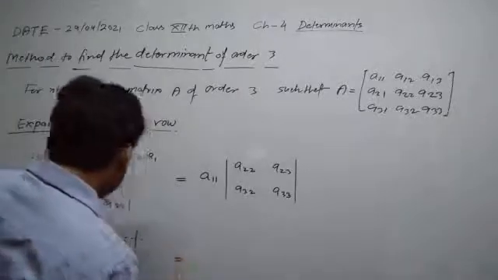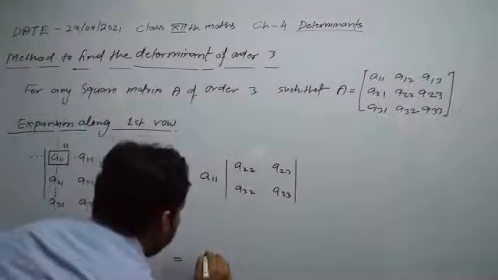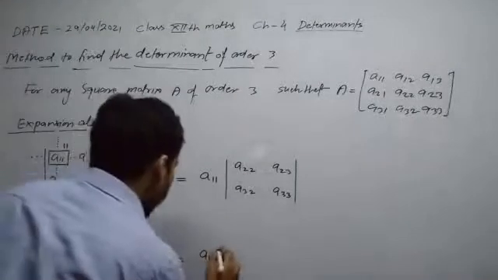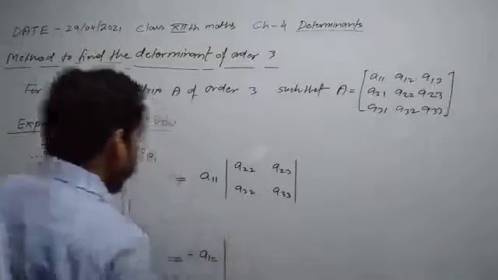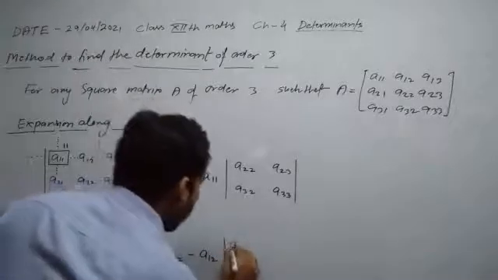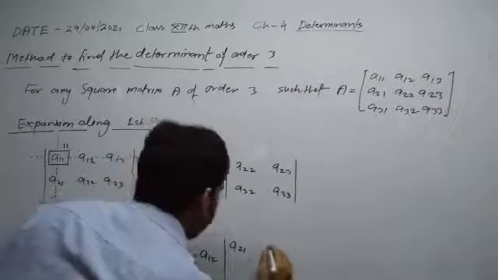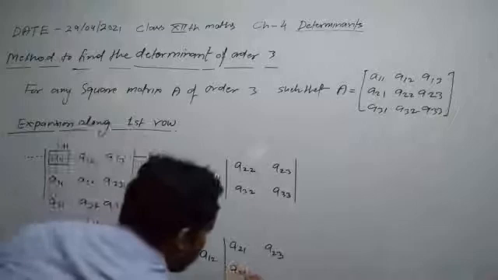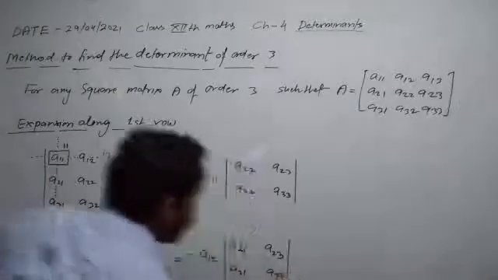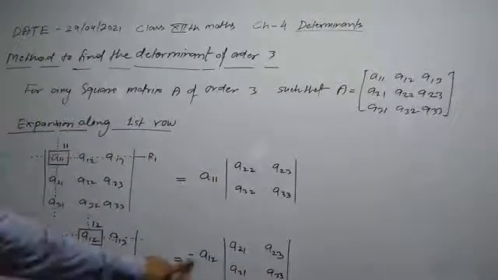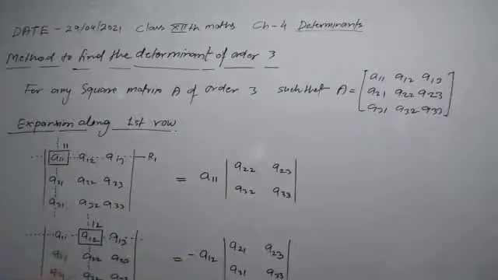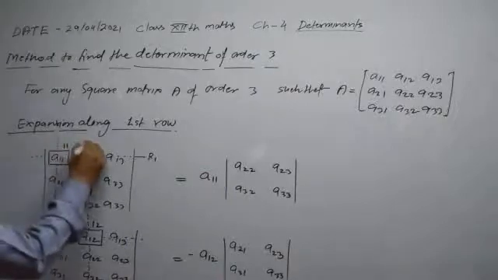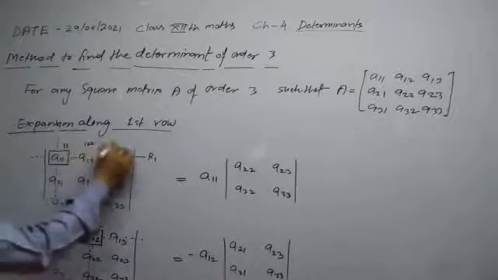The sign denotes the even and odd position. 1 plus 1 is 2, 1 plus 2 is 3 and 1 plus 3 is 4.